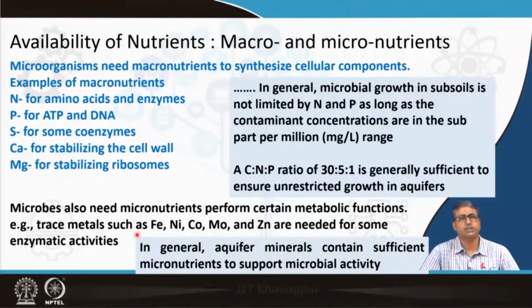Once we perform such chemical analysis, elemental analysis in particular, we come to know the concentration of different elements present, and based on that information we can decide whether we need to provide supplements of these micronutrients, so that microbial growth is not restricted just because the supply of a micronutrient is limited.